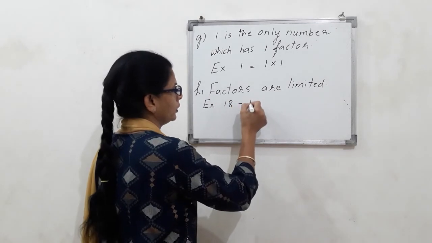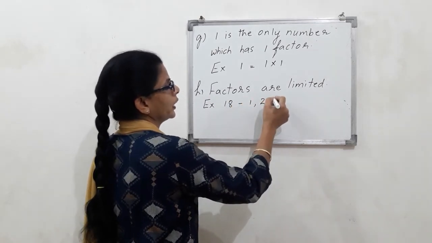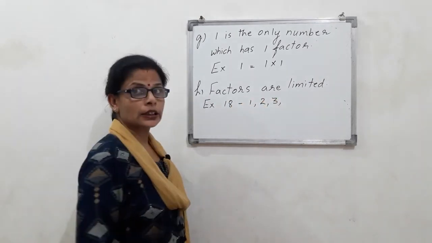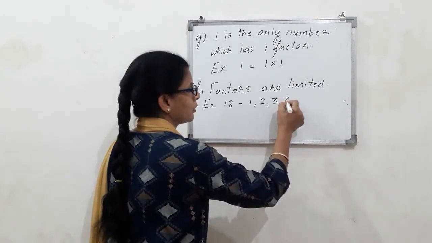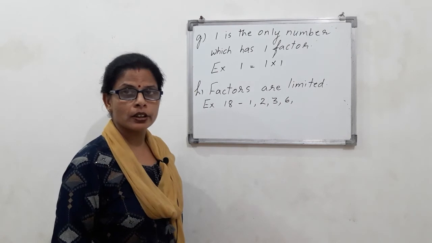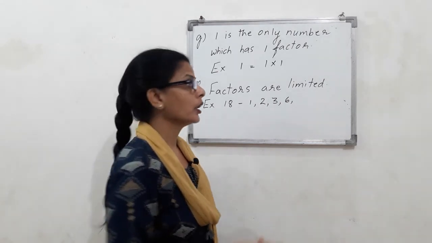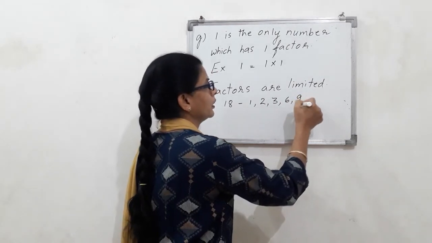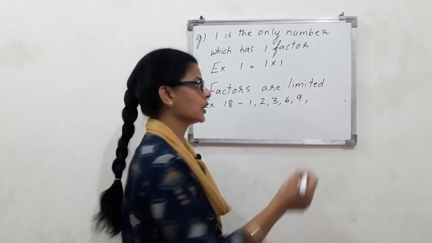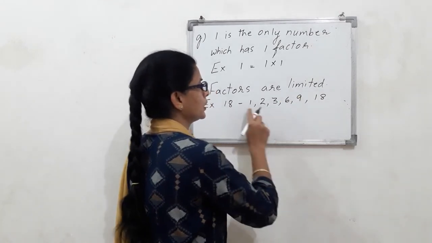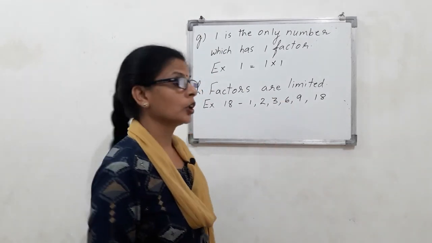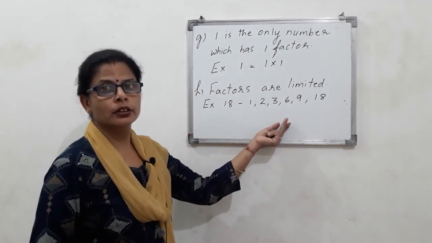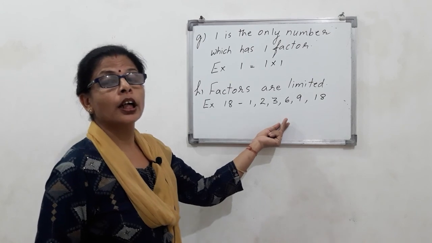It comes in 1, 2, 3 table, it doesn't come in 4, 5, it comes in 6 table, it doesn't come in 7, 8, it comes in 9 table, then it comes in 18 table. That means it comes 1 18s, 2 9s and 3 6s. So they are limited. They are not unlimited.